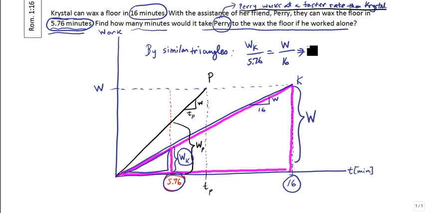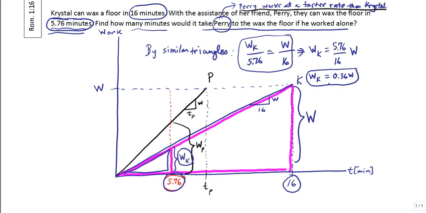And to solve this, I would multiply both sides of this equation here by 5.76, and if I do that, I find that W sub K equals 5.76 divided by 16 times W, which works out, if you use your calculator, you can show that the work done by Krystal is only 36%.